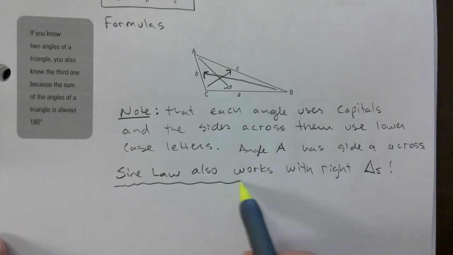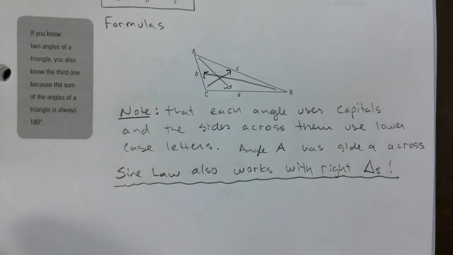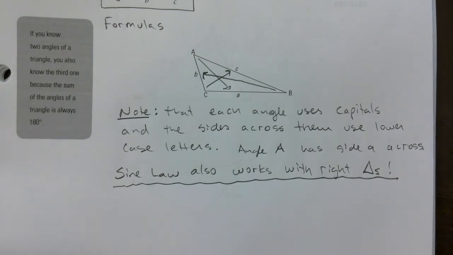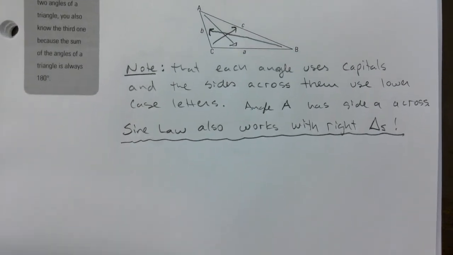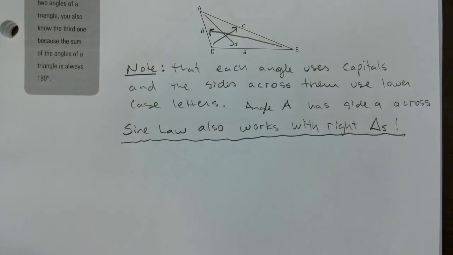Some students think if they see a right triangle, they have to go back to SOHCAHTOA. No, this works with right and oblique, okay? So this basically solves the problem. If you somehow didn't get it in grade 10 and grade 11, this is your redemption, right? Like you get to experience it all over, okay?